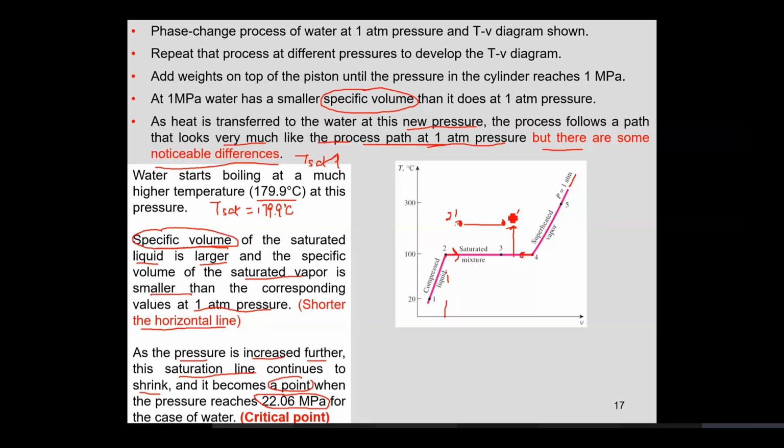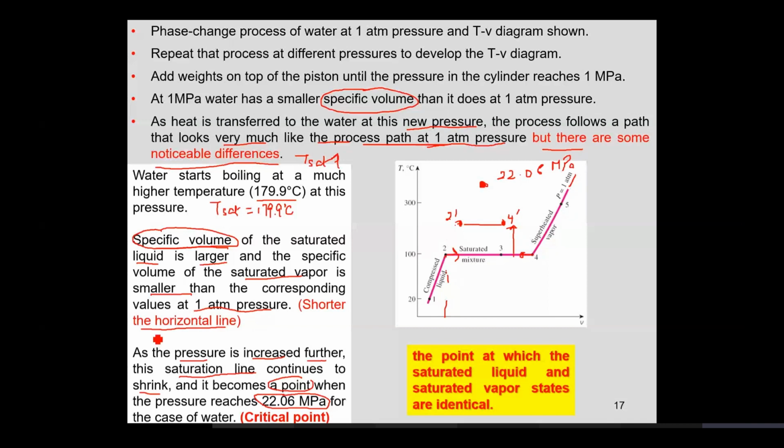So as you continue increasing the pressure, these 2 points would coincide at one point, for the pressure of 22.06 megapascal, and this is known as the critical point. When the saturated liquid and saturated vapor states become identical, they are known as the critical point, and at that point you will not have any distinction between the compressed liquid and superheated vapor in form of a mixed region. Clear enough?